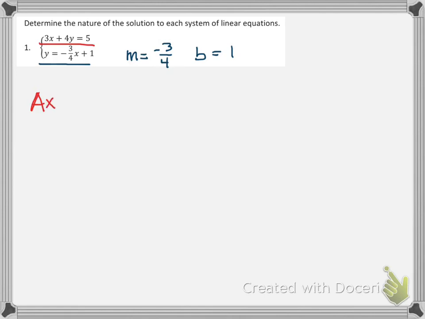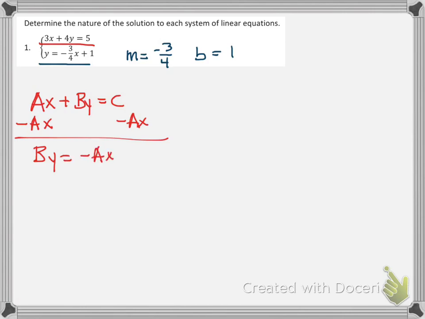But let's take a look at standard form, ax plus by equals c, and let's manipulate this equation so that it is in slope-intercept form. In order to do that, I would have to subtract the ax from both sides. That would give me by is equal to negative ax plus c. Then I can further isolate the y by multiplying by the reciprocal of b, which is 1 over b, and doing the same thing to the other side.